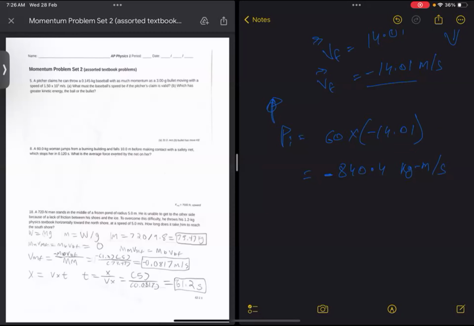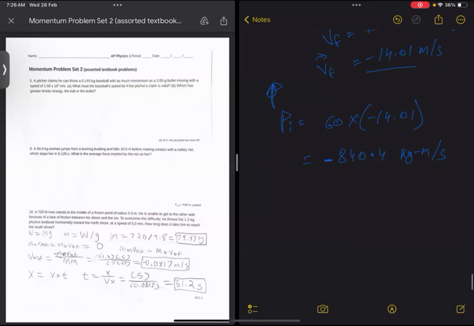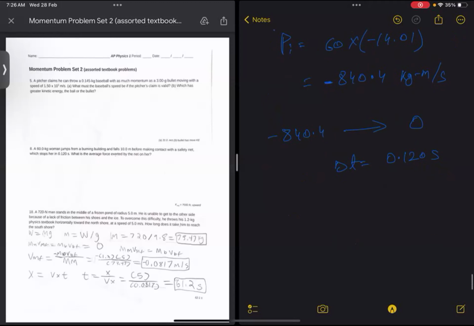And the final momentum was 0, right? In that time, what is the time? In that 0.12 seconds. So the momentum goes from negative 840.4 to 0 in 0.120 seconds. So what is the net force acting on the woman?